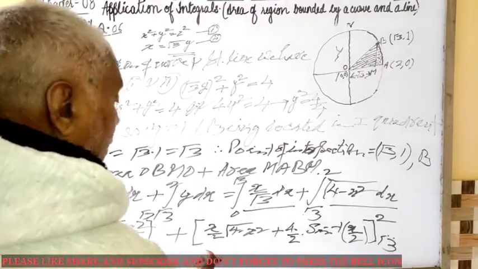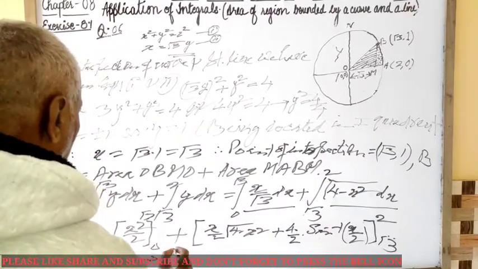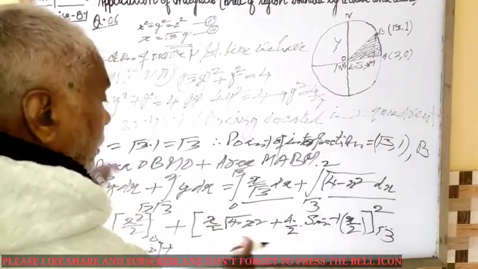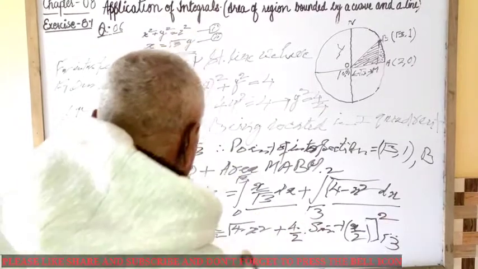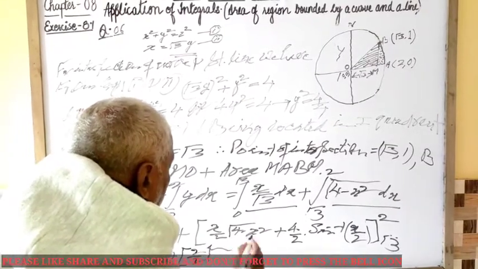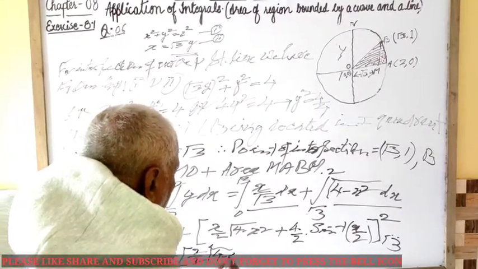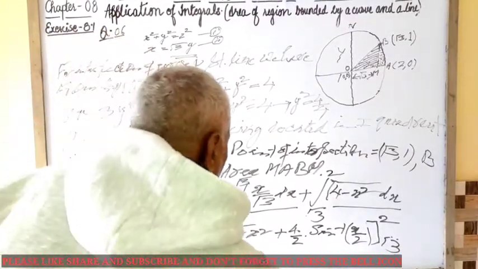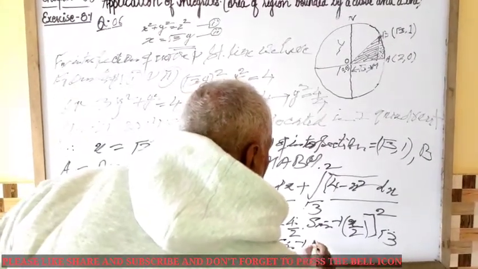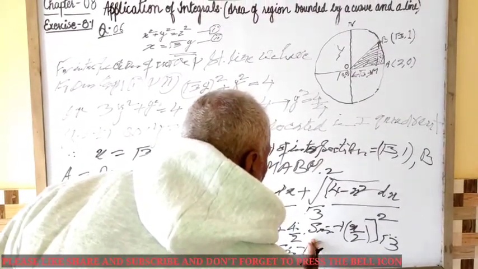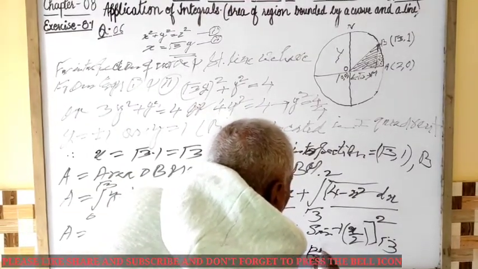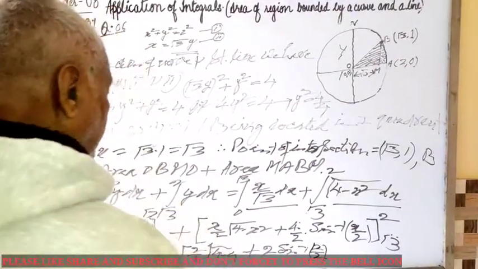Here, if we substitute 2 instead of x, this is 2 by 2 under root 4 minus 4, which is 0, plus 4 by 2, means 2 sin inverse 2 by 2.